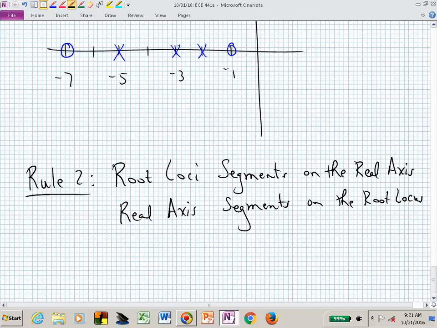Because right now we're wanting to divide up our real axis based on the poles and zeros that have populated our real axis line. And so if you view the real axis like a piece of French bread, or I should say a full loaf of French bread, now we are cutting that at each of these poles and zeros. Which means how many segments on the real axis do we have for this example?